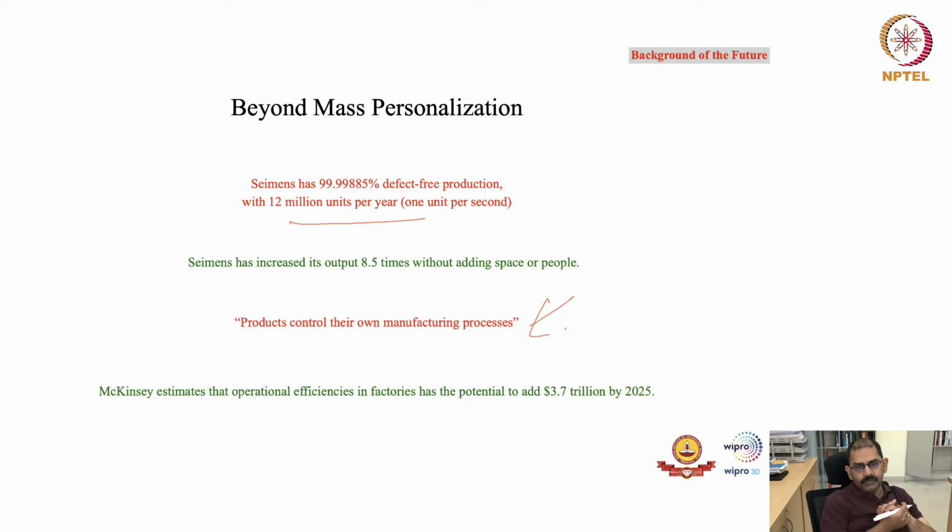McKinsey estimates that the operational efficiencies in factories have the potential of adding about $3.7 trillion by 2025, right? So this gives you the context, the numbers we are actually talking about, right?